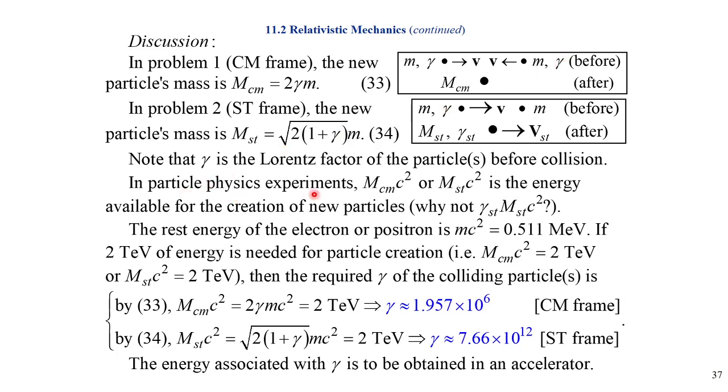In particle physics experiments, M_cm c squared or M_st c squared is the energy available for the creation of the new particles. Why not for this one? mc squared is for rest mass. The rest energy of the electron or positron is mc squared equals 0.5 MeV.